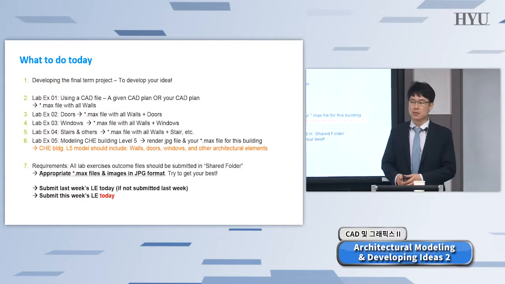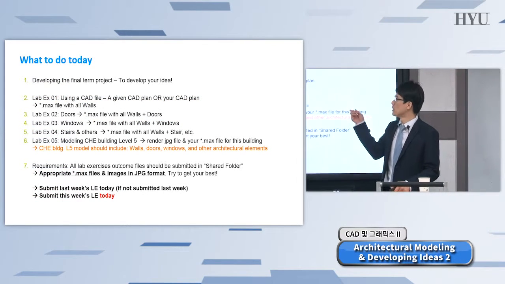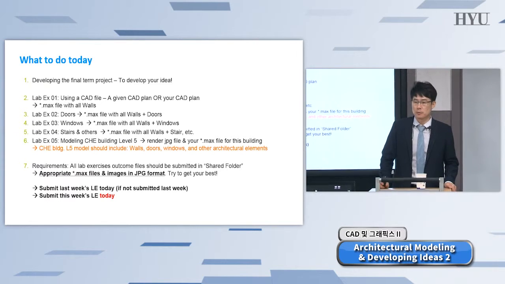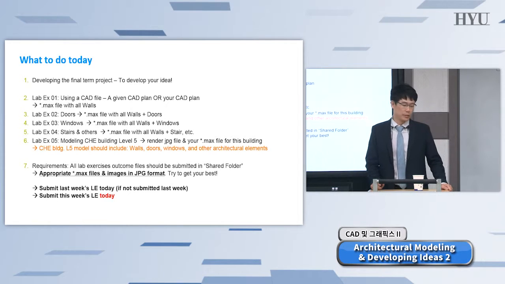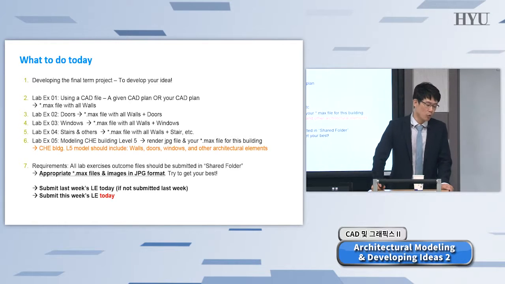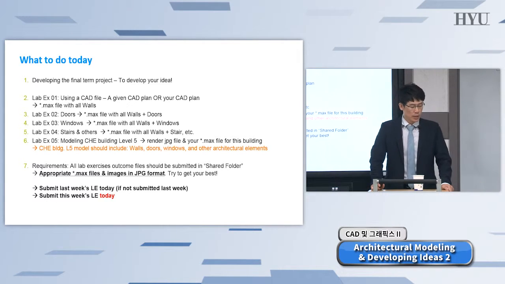Today, as an extended lecture and the lab exercise from the last week, we are dealing with architectural building modeling using 3D Max, 3D geometric modeling. So architectural building modeling is kind of critical for your studio work and further development in design studio or any type of design works you are planning to.